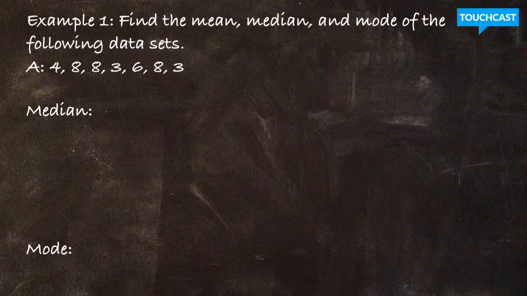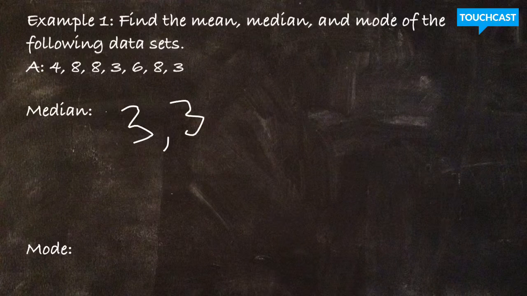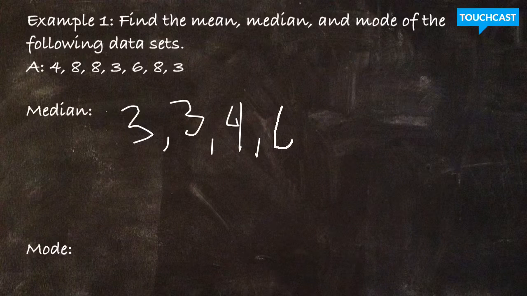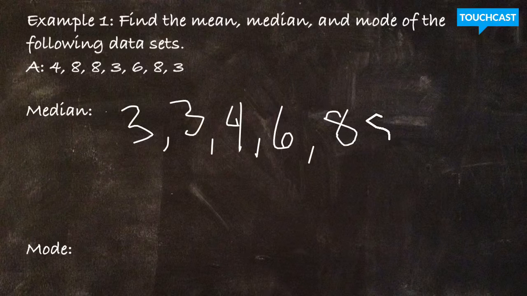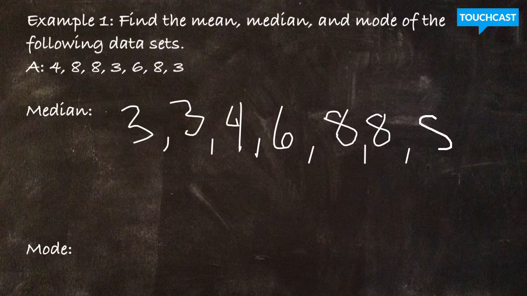Now let's find the median. To do that, we need to arrange the numbers in our data set from smallest to biggest. Our smallest numbers, we've got two 3s, so we write 3 down 2 times. Then we have a 4 and a 6, followed by three 8s, our biggest numbers.